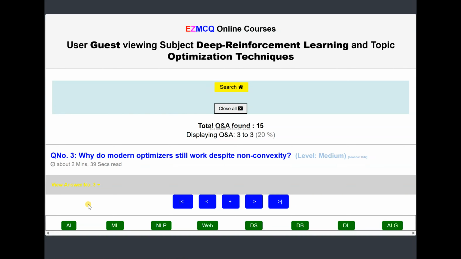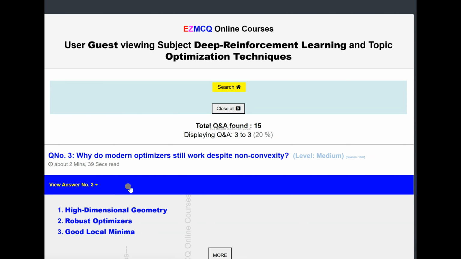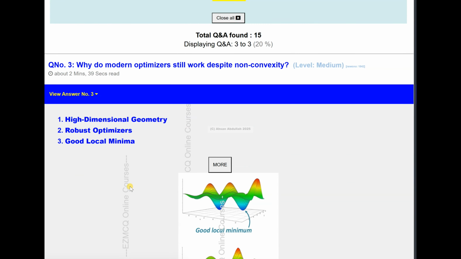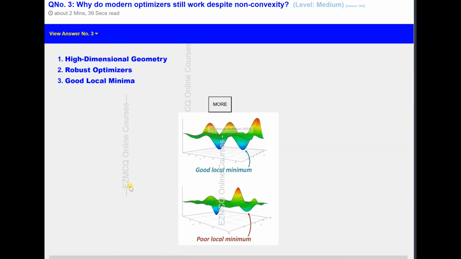So the next concept is why do modern optimizers still work despite the non-convexity of the loss function? In the previous Q&A, I showed you a non-convex loss function in a 3D environment. So what are the reasons for it? I'll explain it to you.